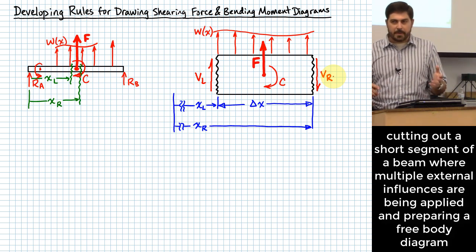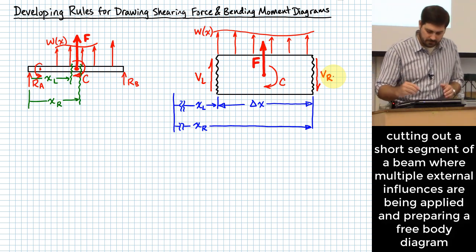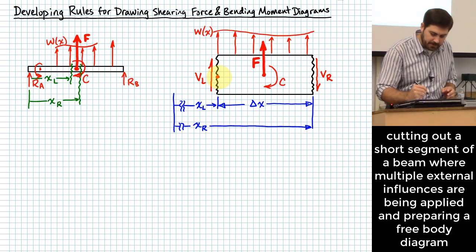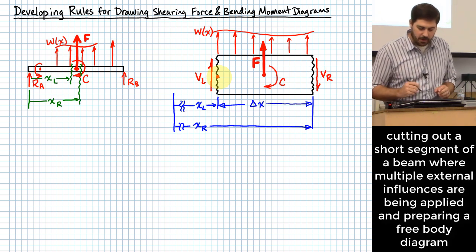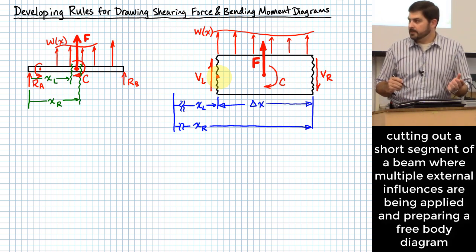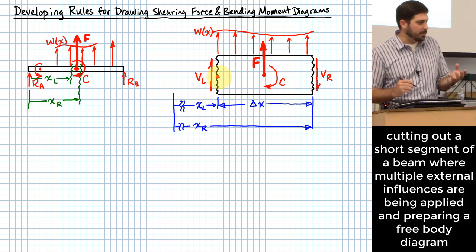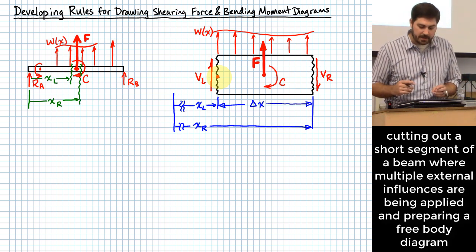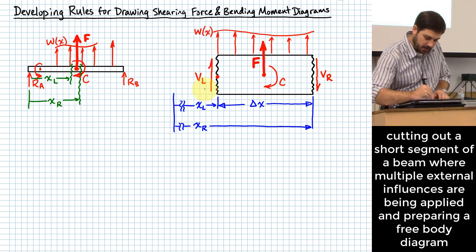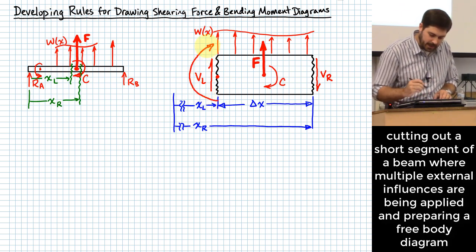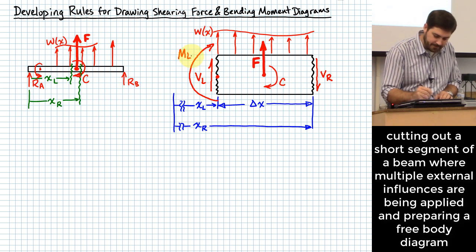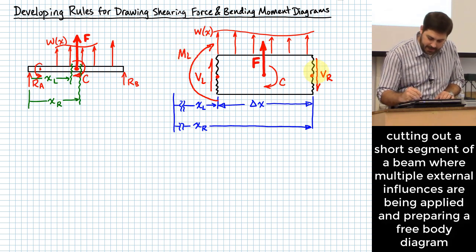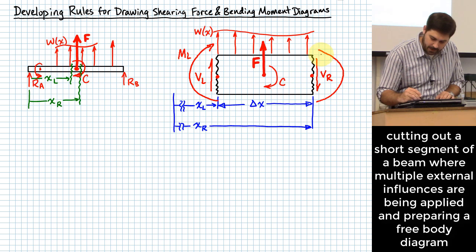How about for bending moments? I want to do those according to sign convention as well. On the left end of the beam, what direction should I show the moment so that I'm assuming positive sign convention? Clockwise. I'm going to name this one M sub L. And over on the right side, counterclockwise.